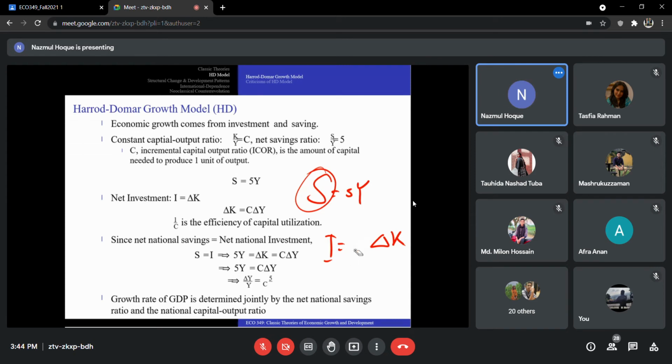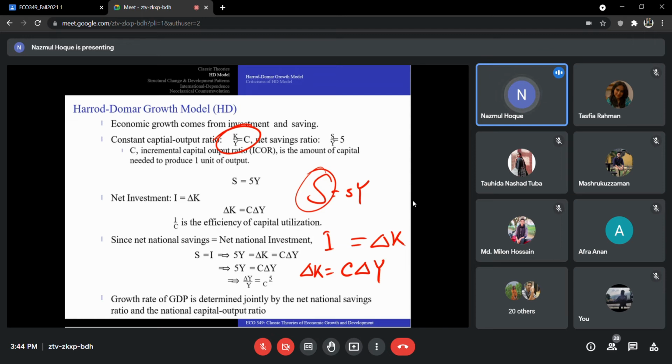So this equation can be rewritten. Using this one we can write it as change in K equals C times change in Y. Because C is a constant, any changes that you see in K are going to be equal to C times the change in Y that you experience.